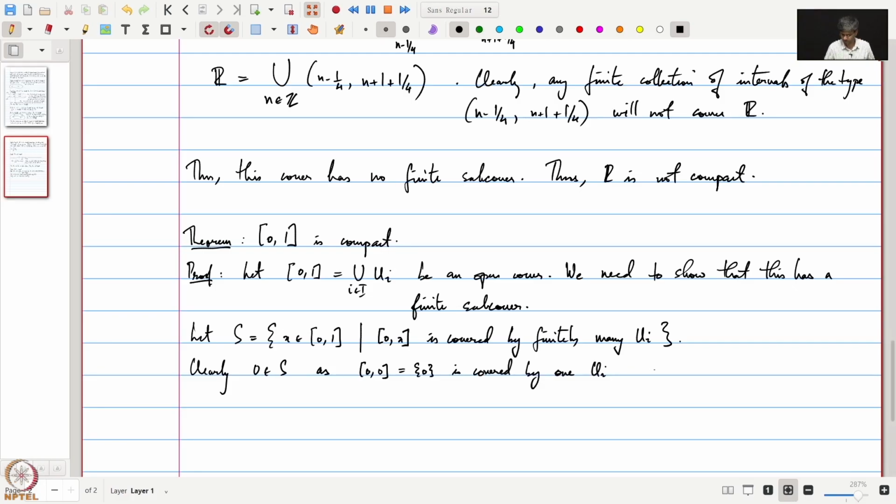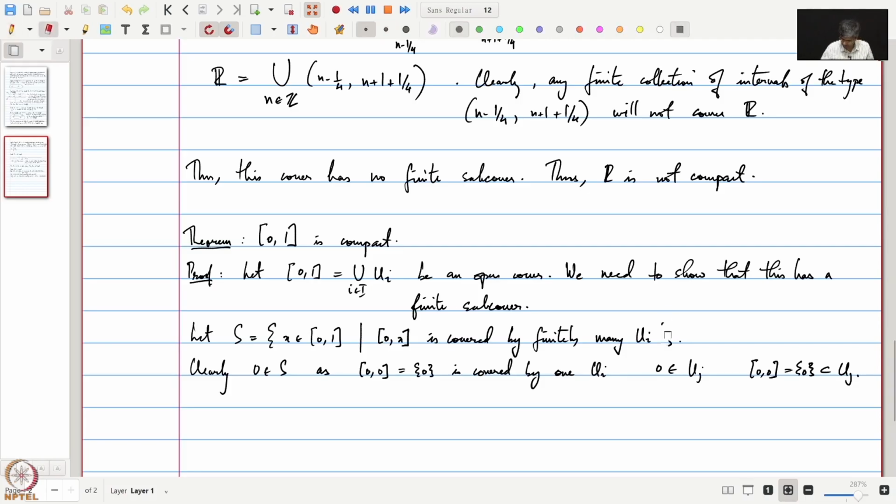So we can just take any U_j which contains 0, and then obviously this interval, which is just {0}, is contained in this U_j.